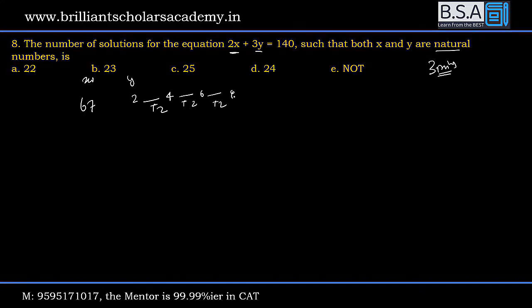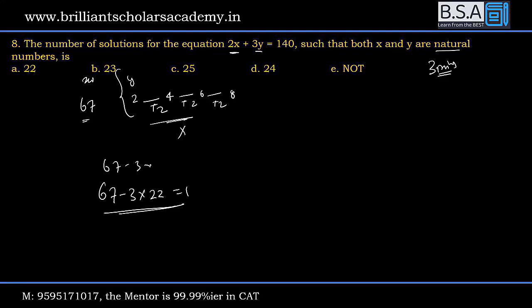तो y तो नेचुरल रहेगा ना, I don't have to worry about this. मेरा टेंशन क्या है, ये 67 is the first value of x. अब ये decrease होगा 3 से। How many times can I decrease? I can decrease 22 times. बेसिकली n का वैल्यू 0 से शुरू होगा। For x is equal to 67, this is value of n and this is value of n. तो n can be 0, 1, 2, 3 up to 22.